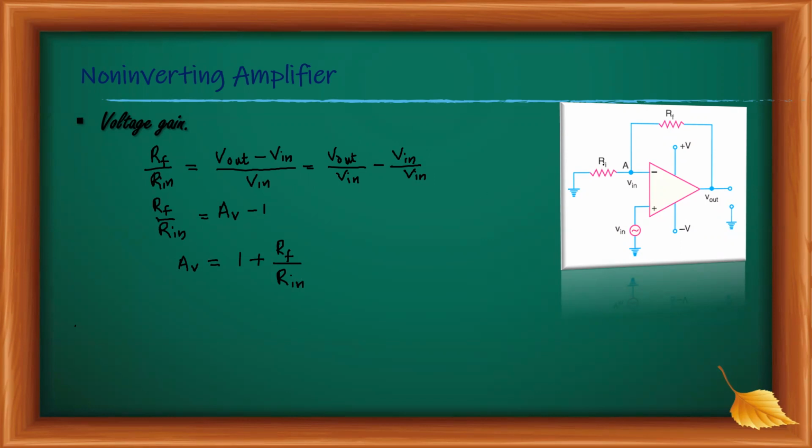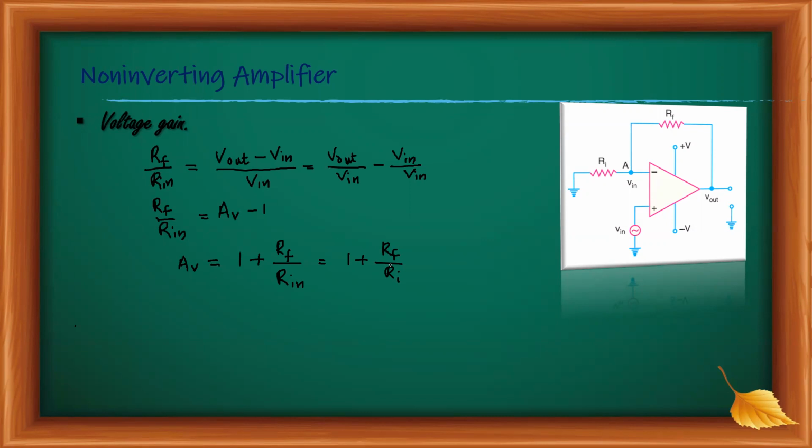In the figure, we only use Ri, so I write it that way, Rf divided by Ri. It is the voltage gain of the non-inverting amplifier.